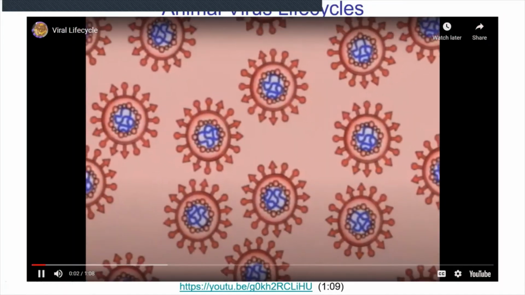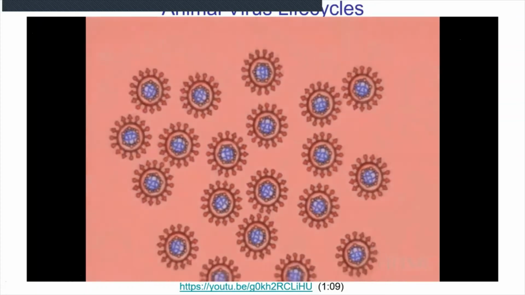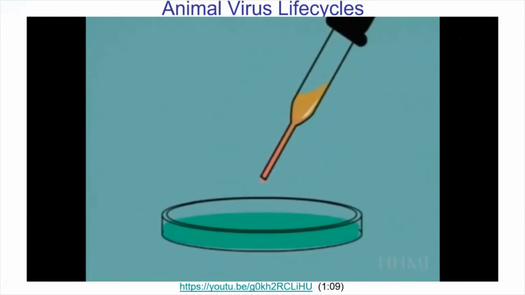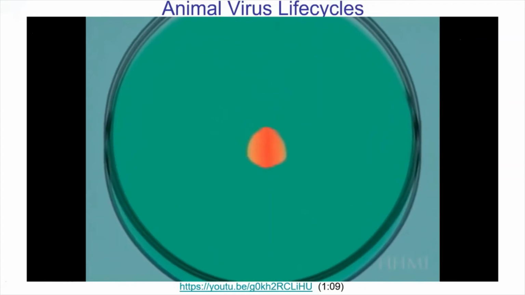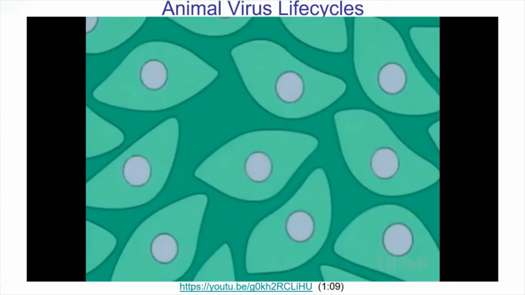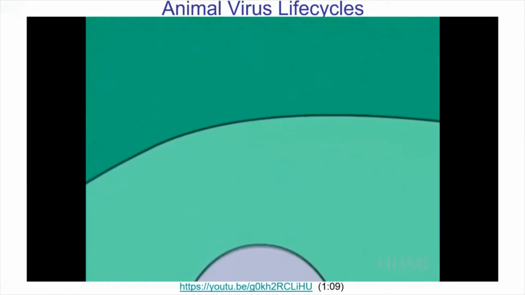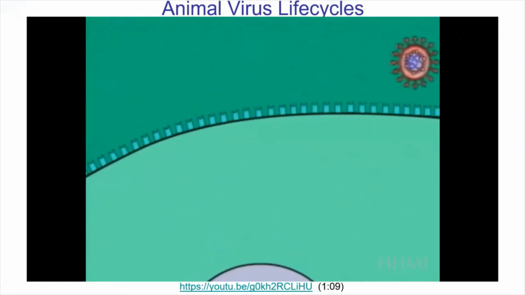Here's the virus particle with its envelope and proteins and genome. And you're going to see this represented as being within a pipette that's going to be dropped onto a petri dish containing human cells that are going to be susceptible to infection. Here's a blow-up of a single cell. Keep your eye here. These are the cell surface receptors.